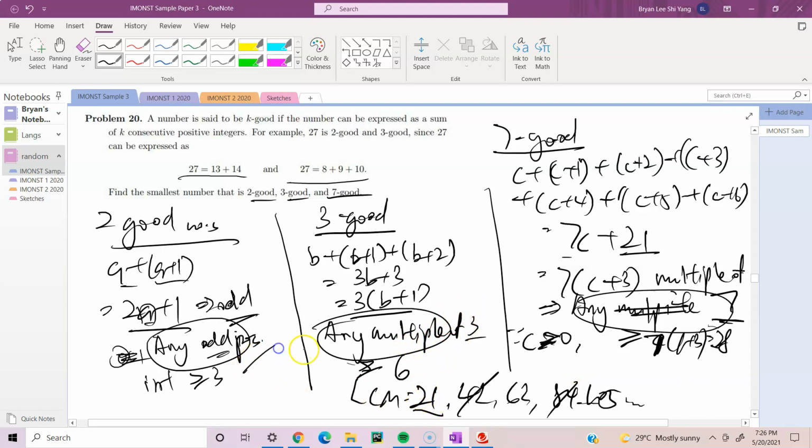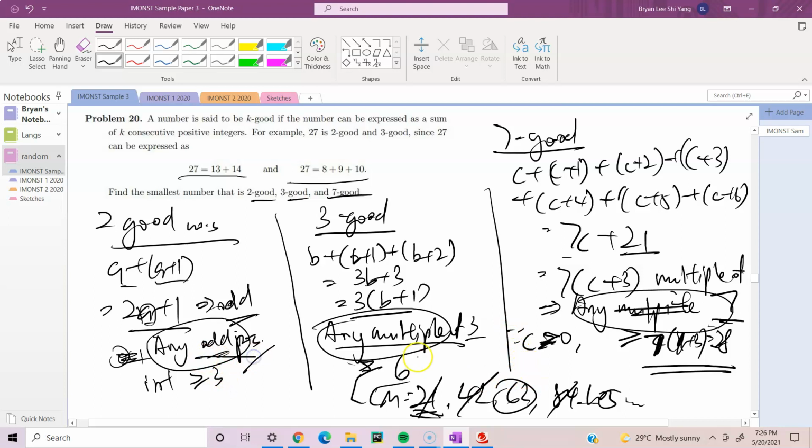So is 21 a 2 good number? Of course, since it's odd and larger than 3. Is 21 a 3 good number? Of course, it's a multiple of 3 and it's larger than 6. But is 21 a 7 good number? No, because it's not larger than 28, because we want our c to be a minimum value of 1. So 21 is eliminated. So let's look at 63.